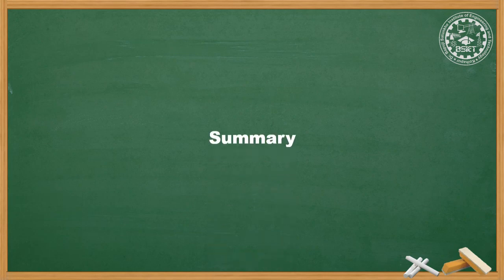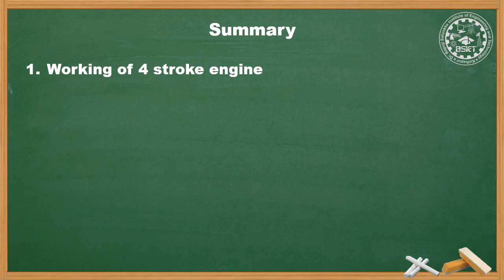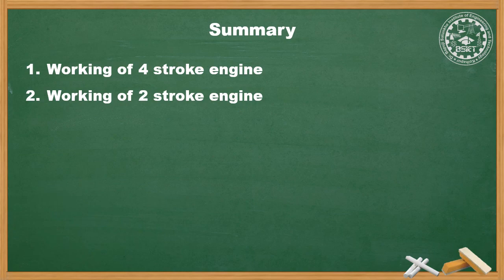Let us quickly summarize what we have learned in today's session. Number 1: working of the four-stroke engine. The working of the four-stroke SI, that is, spark ignition engine, and the working of the four-stroke CI, that is, compression ignition engine, have been explained and studied in this session. Next is the working of the two-stroke engine.